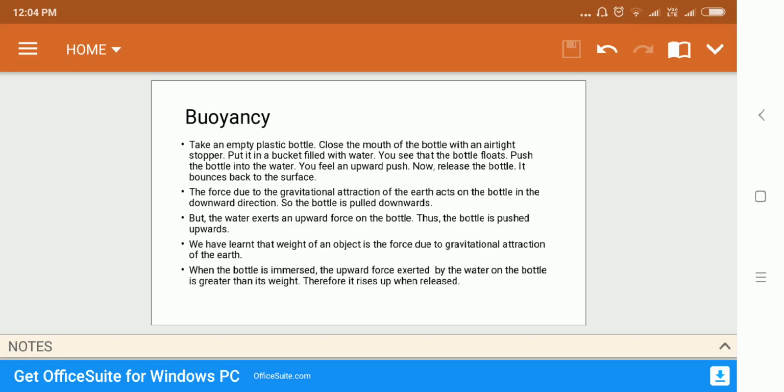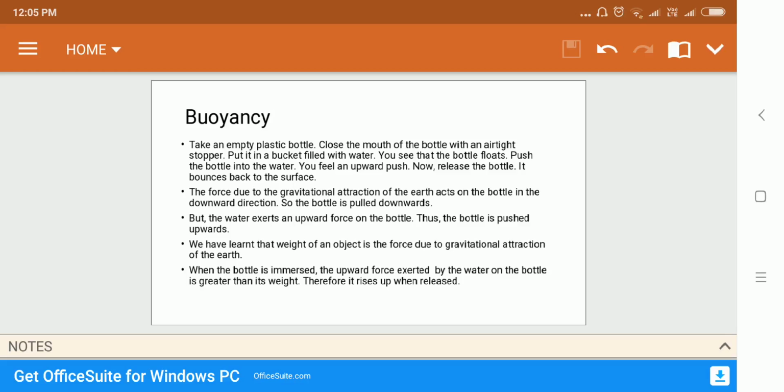The weight of an object is the force due to the gravitational attraction of the earth, that we know. But when the bottle gets an upward force from the water that is greater than the weight, it rises up when we release it.